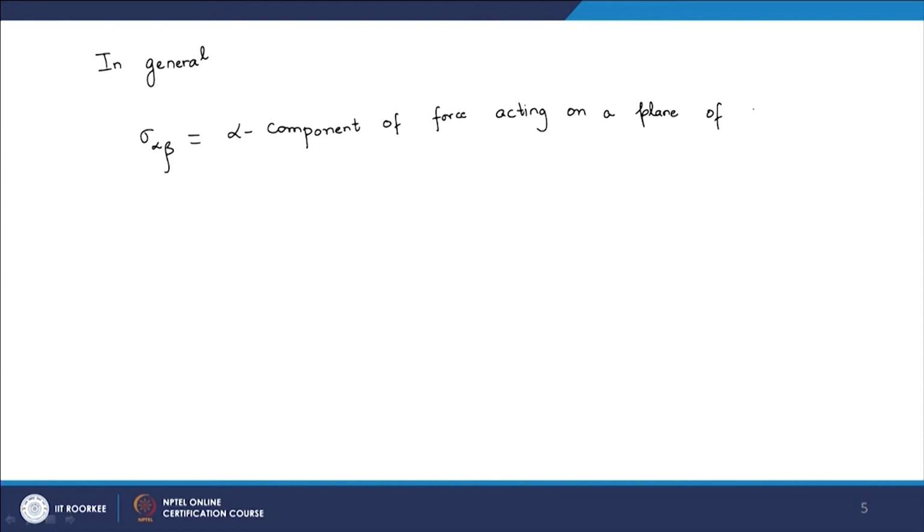Okay. So, using this kind of idea, in general I can define a tensor with components sigma alpha beta that are the alpha component of force acting on a plane of unit area, normal to the beta axis.